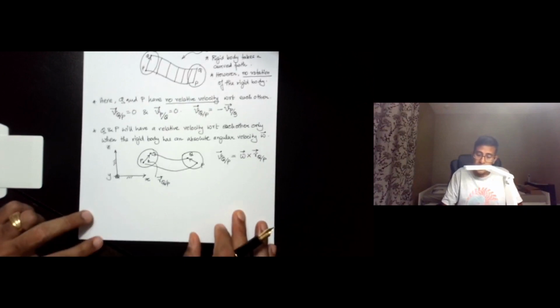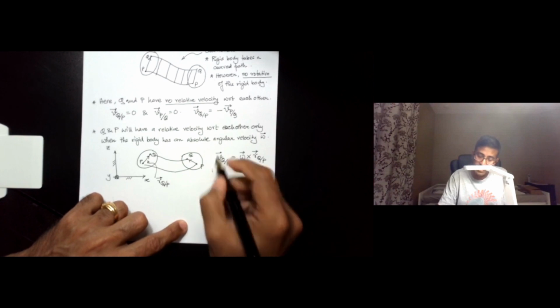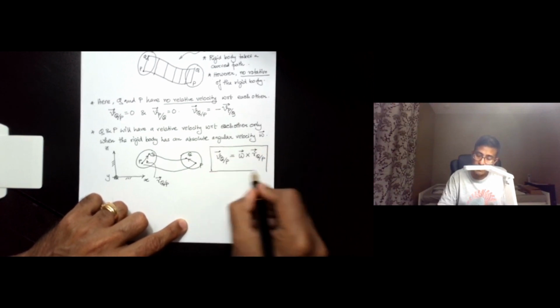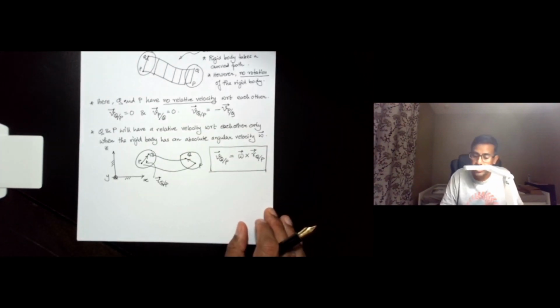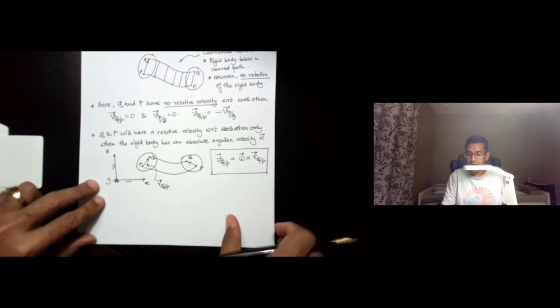However, this is a pretty fundamental relation, and it can be used when we try to find out the velocity of a point on a rigid body with respect to another, and it will be particularly useful in this problem that we are solving.